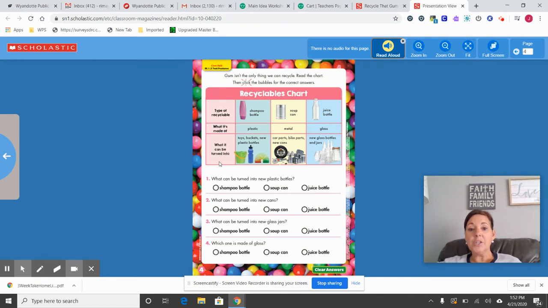The last section, what can it be turned into? The shampoo bottle can be made into toys, buckets, and new plastic bottles. The metal soup can you can make car parts, bike parts, and new cans. And then the glass jar from the juice bottle, you can make new glass bottles and jars.